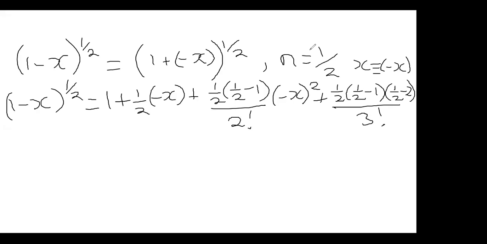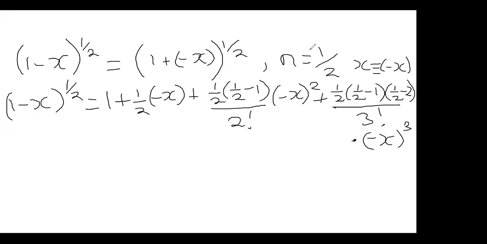Then we have negative x to the power 3 there, multiplying. And this one, you can go up to even x to the power 4, but usually up to x cubed is okay. That will help you to approximate.